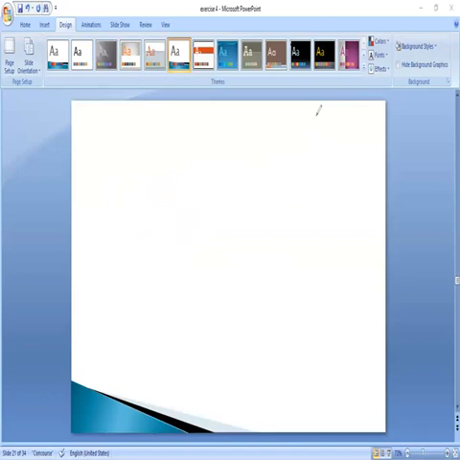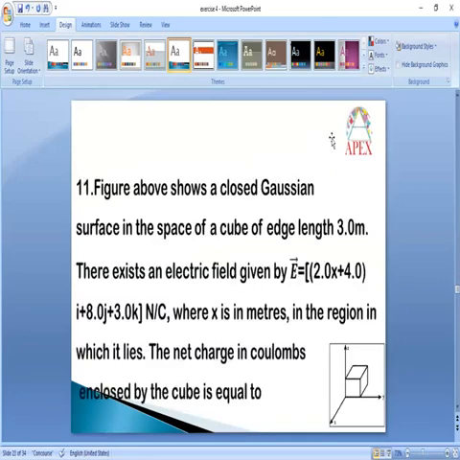Now, question number 11. Figure above shows a closed Gaussian surface in the space of a cube of edge 3 meters length. So a Gaussian surface, a closed surface was taken, a cubical shape, and whose length is 3 meters.